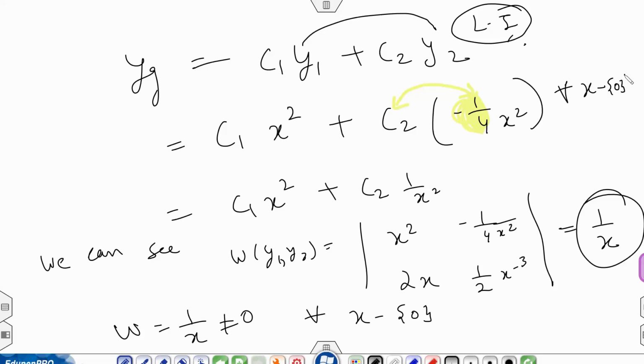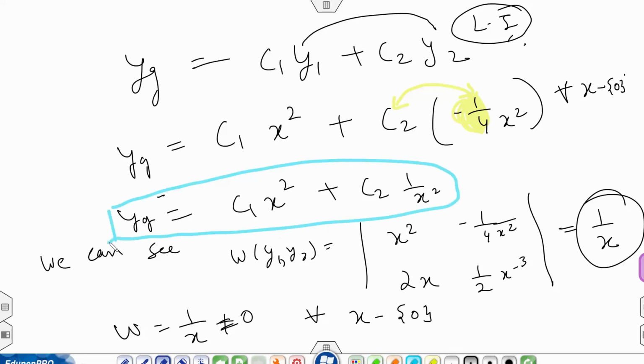I should delete 0 because here you can see that this will be not defined, and here also you can see that the Wronskian is not equal to 0 for every non-zero x. So y1 and y2 are linearly independent. So this will be my general solution, and I'll just encircle this one, that this is your general solution.